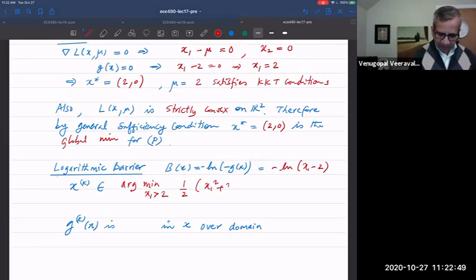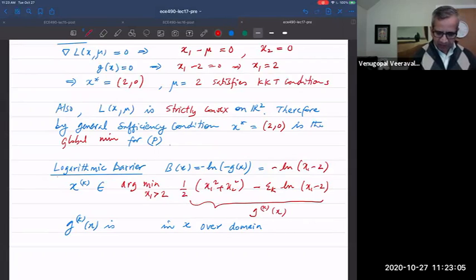So we have half of x1 squared plus x2 squared coming from f of x, and then epsilon k times the barrier. We can call this function g k of x. This might remind you of some notation we used before when we proved the Lagrange multiplier theorem for equality constraints.